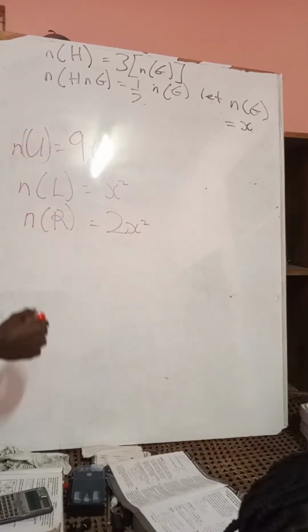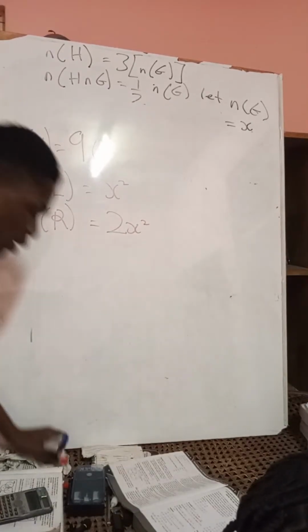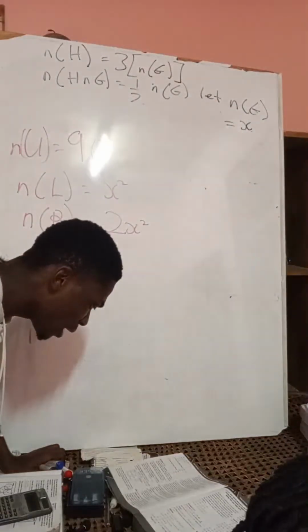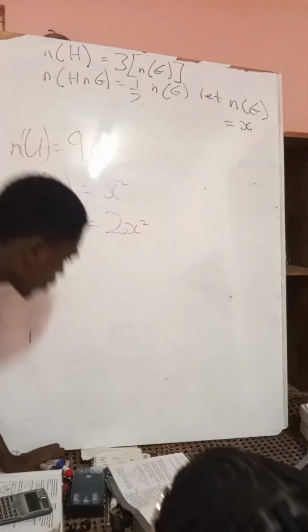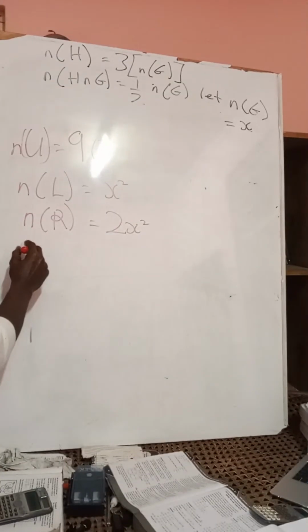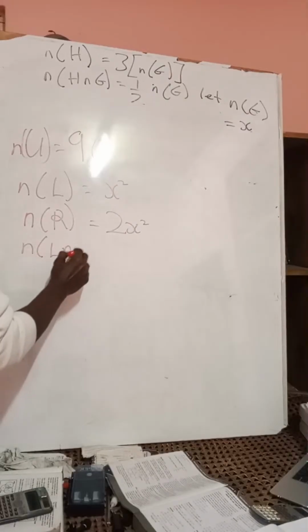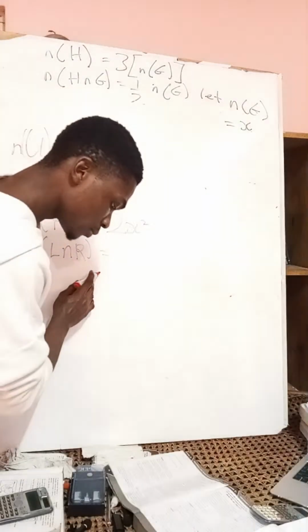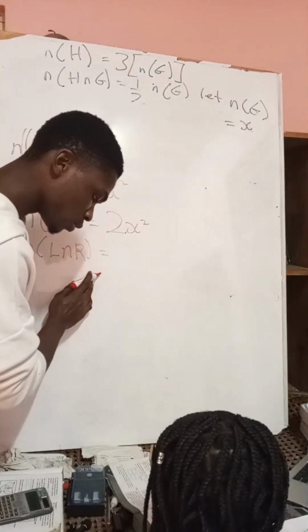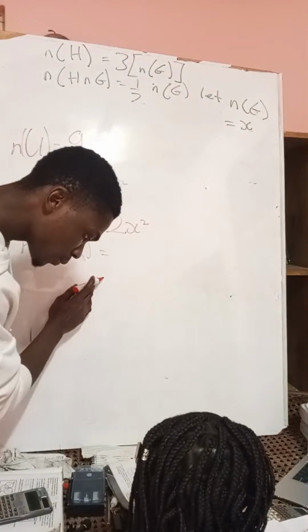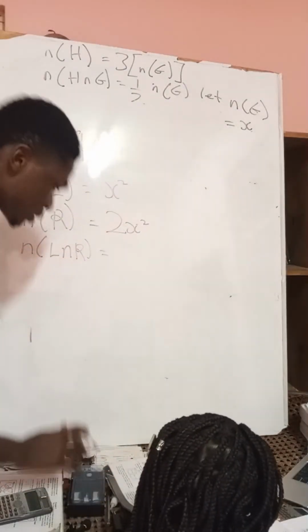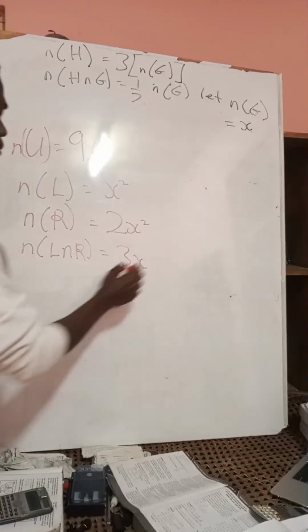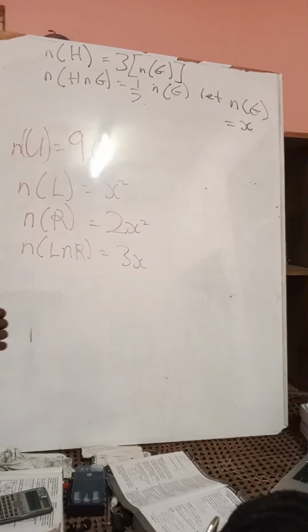They said they can play with their right leg. And 3x of them said they can play with both legs. So the number of L intersection R equals 3x.